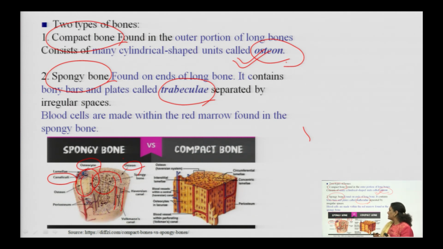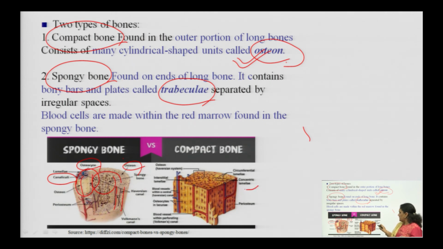These are tightly arranged osteon cells with different canals, the Haversian system. You will find interstitial lamellae and blood vessels within the central Haversian canal to supply nutrients to these osteons, and osteocytes are arranged in lacunae. Blood vessels within the perforating Volkmann canal are also there.